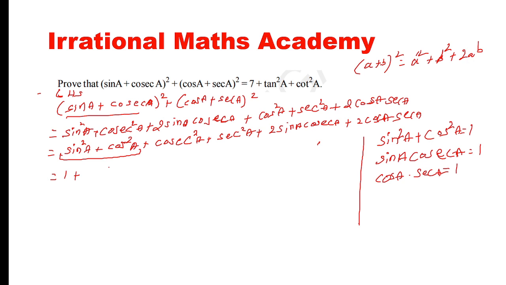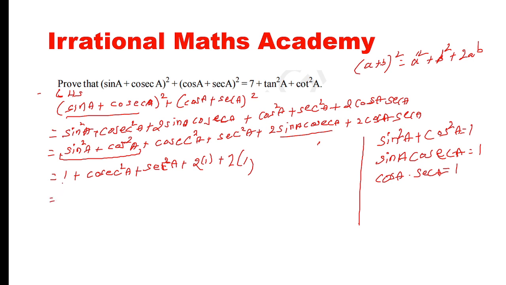So wherever we see sin A into cosecant A, we'll substitute the value 1 here. We'll write cosecant square A plus secant square A as it is, plus 2 into this value, which is 1, and here again 2 into 1.